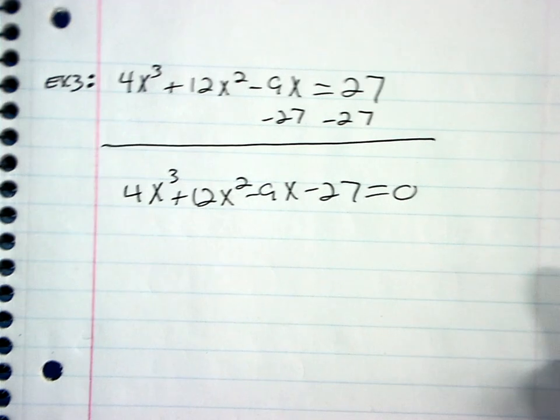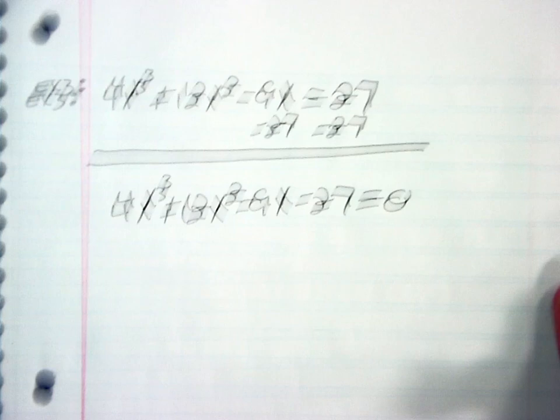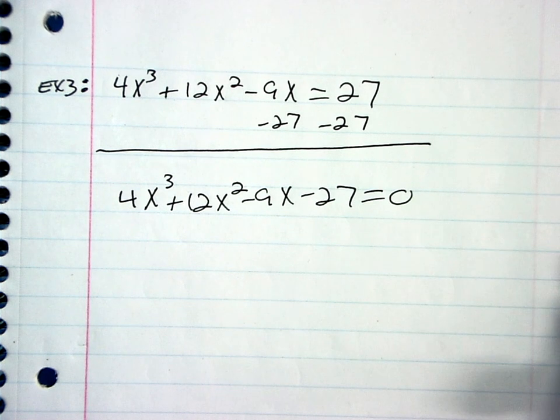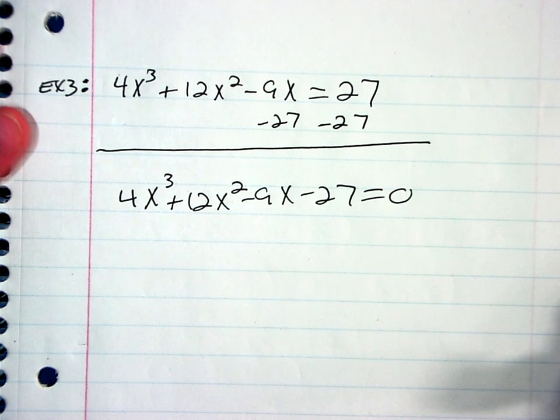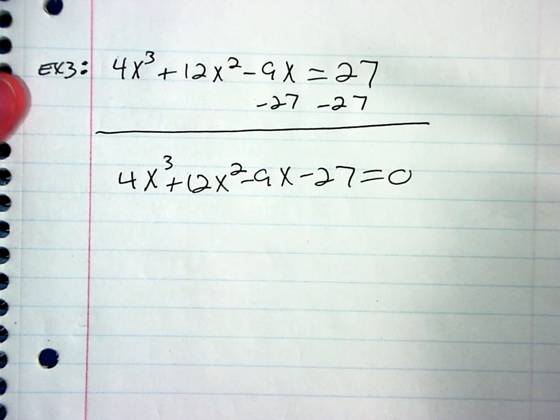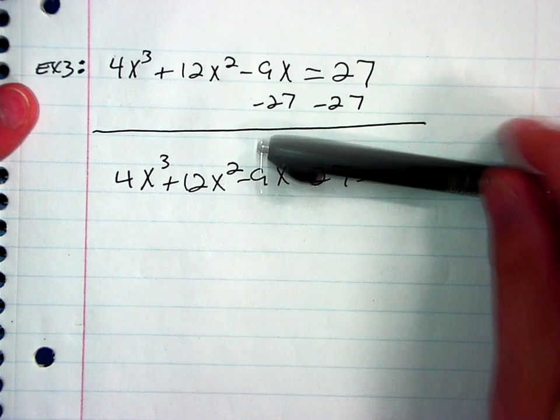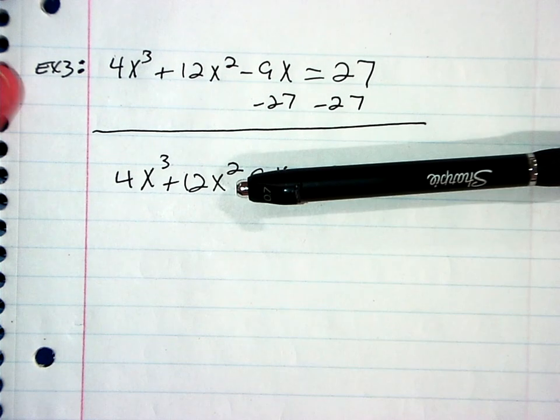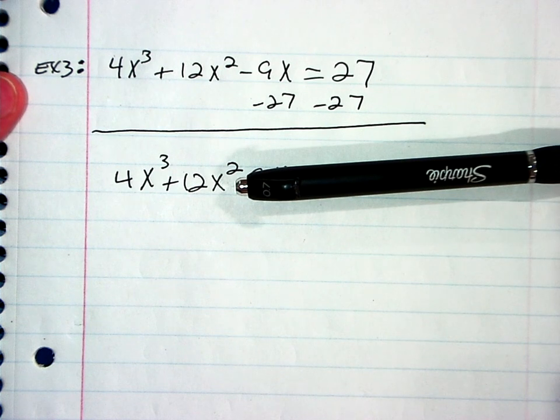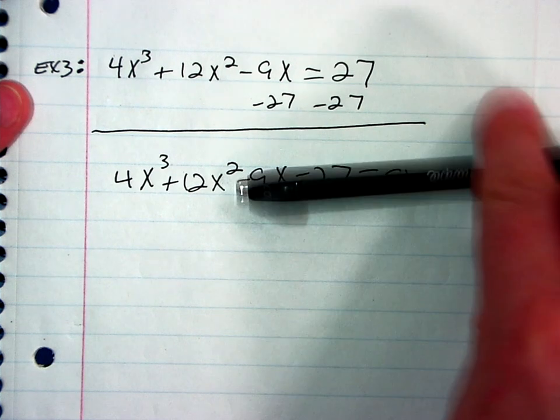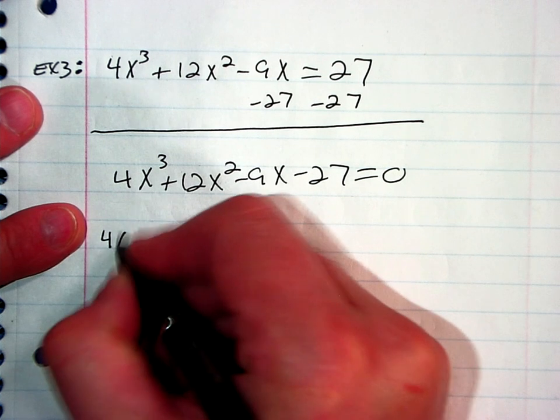Last Thursday to be exact, in our notes we did something when we had 4 terms. Does anyone remember how we factored when we had 4 terms? By grouping. Very good. So what that means is I cover up the second 2 terms. What can I factor out of 4x cubed and 12x squared? 4x squared. Perfect.